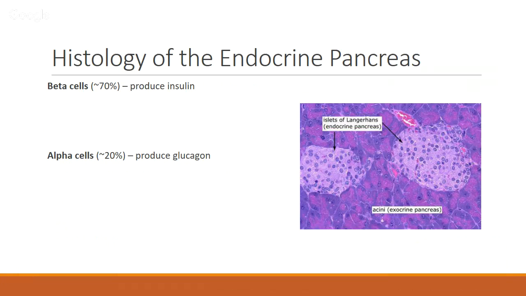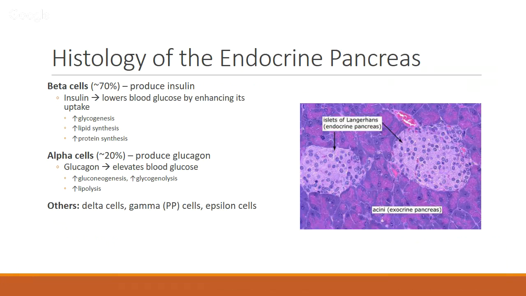Okay, so in the endocrine pancreas, you have beta cells and alpha cells. Your beta cells produce insulin, your alpha cells produce glucagon. Insulin lowers blood glucose and glucagon increases blood glucose. So the way to remember is that glucagon increases blood glucose, so it's like G to G, and then insulin is just the other one. And in time, you will slowly remember it, but this is the quick way.